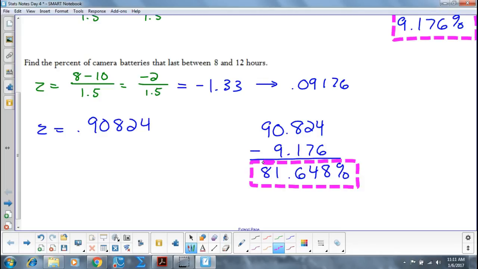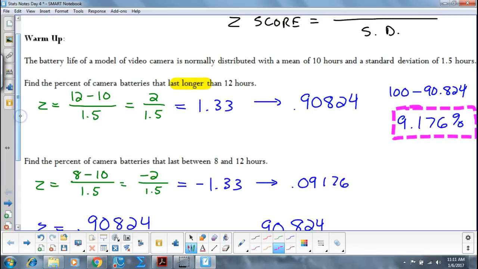Okay? So today we're going to give you the percent and we're going to ask you to work back. So like today I would give you this number right there, and I want you to work back to give me that number.